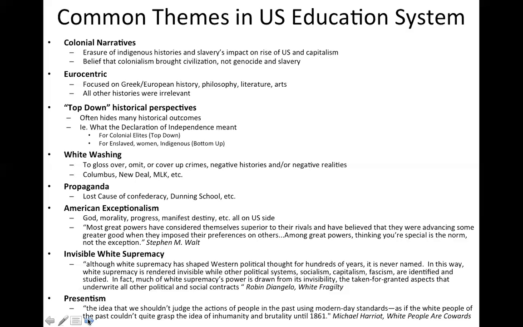And then whitewashing. We're going to talk a lot more about whitewashing, but whitewashing is just glossing over, it's omitting, it's covering up the negative histories. And I think one of the biggest parts of what we do is omission. Like I was saying, we'll teach about FDR and the New Deal. The New Deal was amazing. It really brought this country out of the Depression and did so many great things.